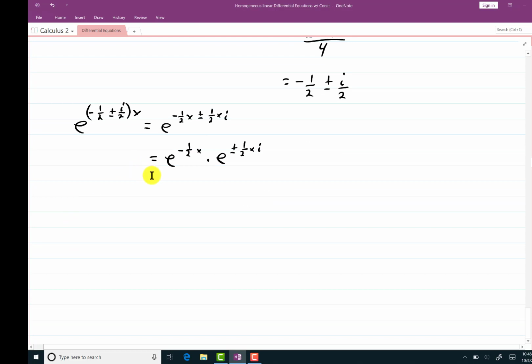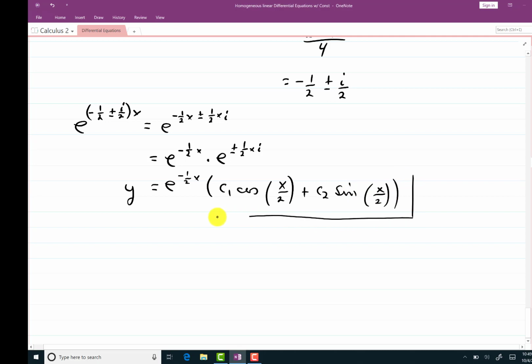And then the e to the negative 1/2 x is something that'll just factor out of everything. This part here we can replace with our C1 cosine of x over 2 plus C2 sine of x over 2. So these are no big deal. You'll just factor out what's called the real part of this particular answer here and strip it out and put it out front.